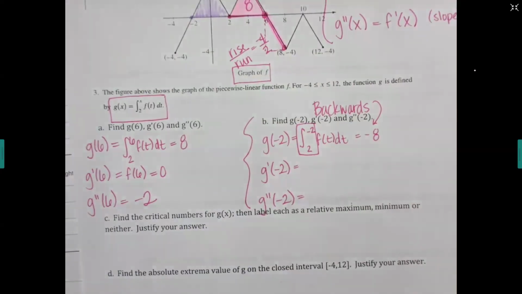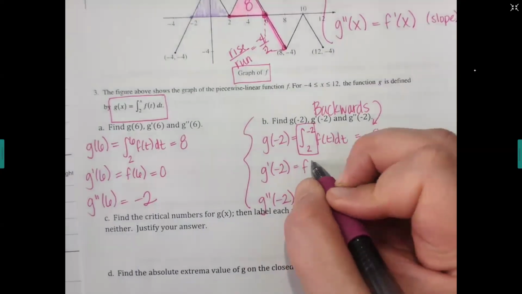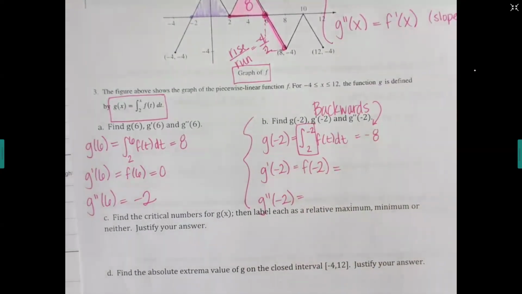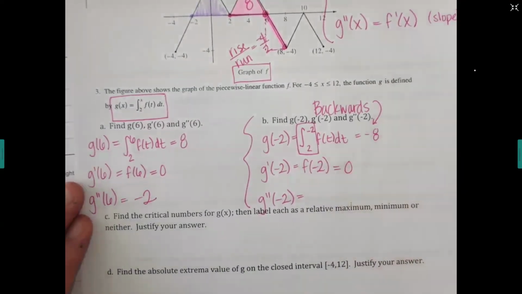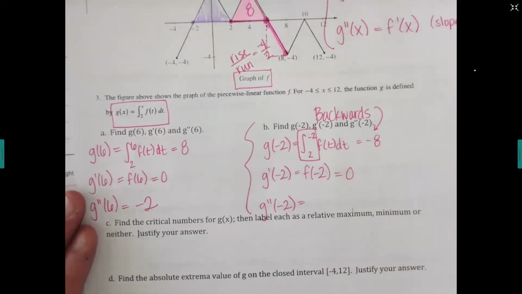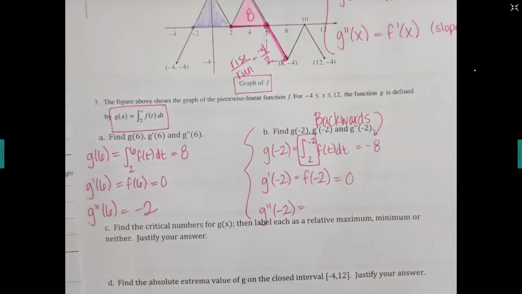Okay, g prime of -2 is going to be f of -2. Which means that really I'm going to go to -2 on the graph, and then I'm going to pick the y value. What is the y value at -2? It is 0, because you're right there on the x-axis. Then g double prime of -2 is going to be the slope. And remember, it has to be linear or they can't ask you to calculate the exact slope.